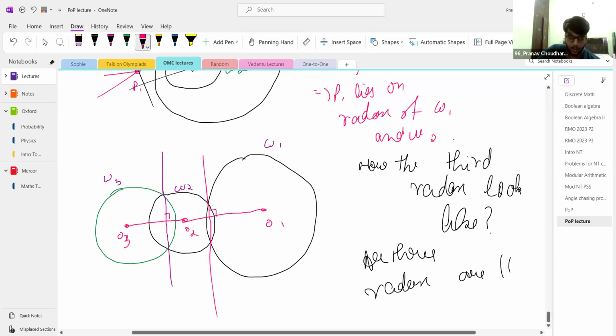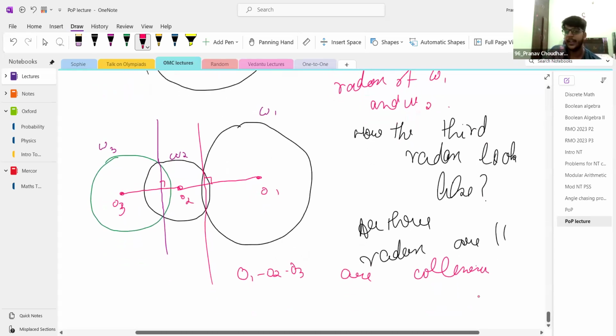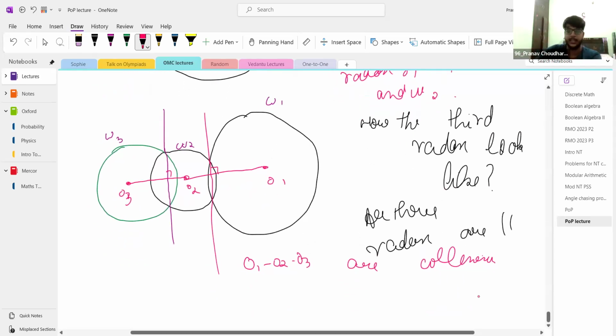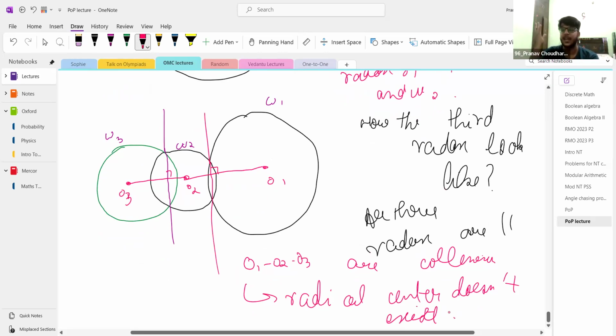So basically O1, O2, O3 are collinear, because O1O2 is perpendicular to the same line as O2O3, and O2 is a common point. So the only way it makes sense is if all three centers are collinear. So in this case, the radical center does not exist. This is an annoying case which sometimes happens and you'll have to deal with, but the rest is fine.